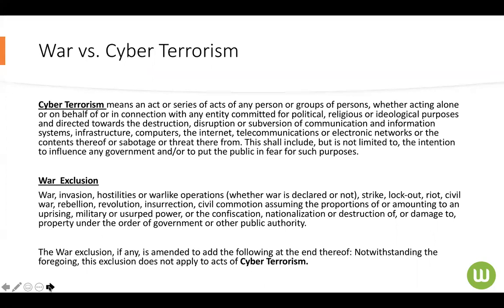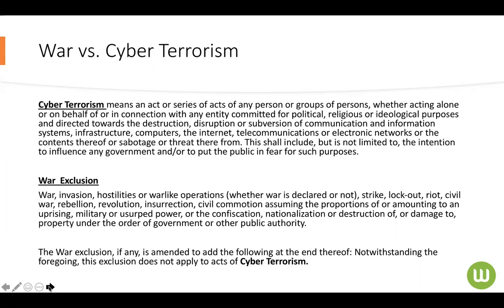And then war: war is an invasion, hostile or warlike operations, whether declared or not, strike, lockout, riot, civil war, rebellion. Now, keep in mind, the war exclusion, if any, is amended to add the following at the end: notwithstanding the foregoing, this exclusion does not apply to acts of cyber terrorism.